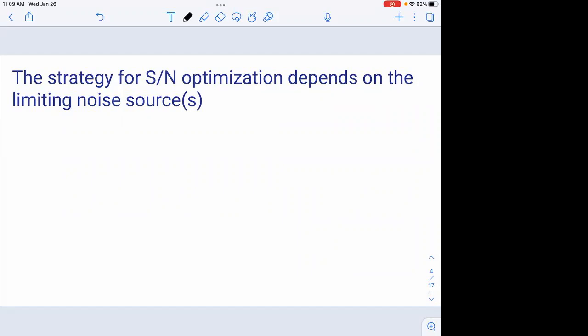It makes perfect sense that the strategy for signal to noise optimization, i.e. troubleshooting noise measurements or noise magnitude in your measurements, depends on what the limiting noise source is in the precision or accuracy of your measurement. And so let's walk through sort of what that looks like.